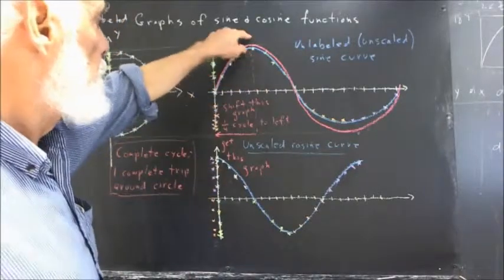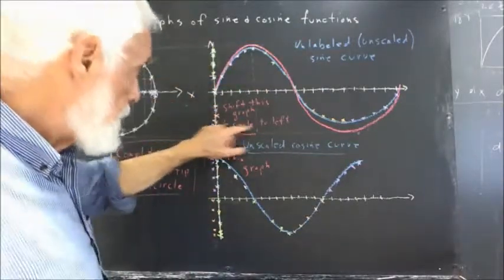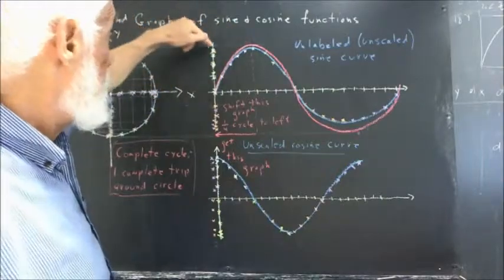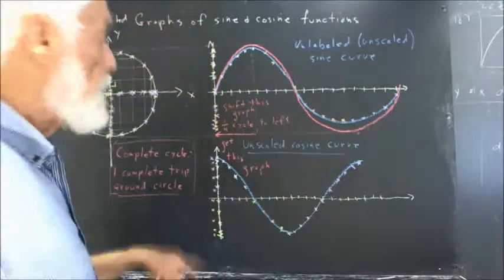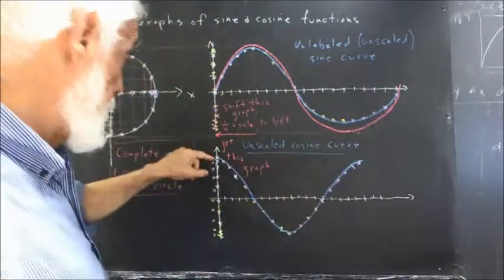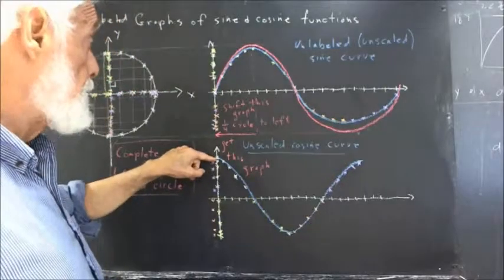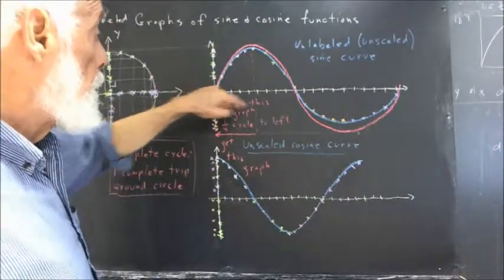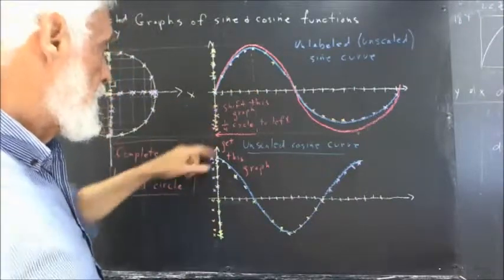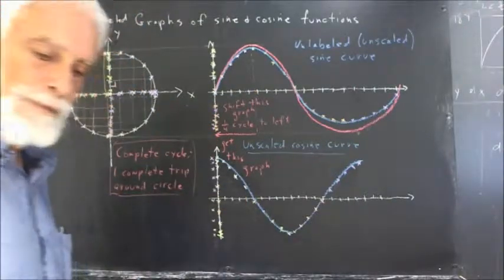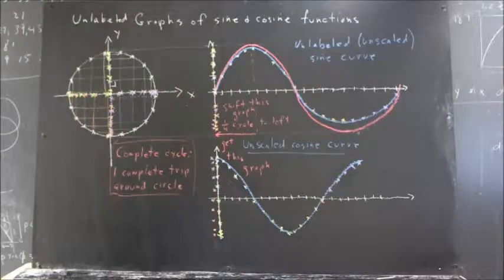If we shift this graph a quarter of a cycle to the left, then the high point of the graph moves over to our vertical axis. Well, that's exactly what we have here. The high point of the graph is on our vertical axis. So shifting this graph a quarter of a cycle to the left gives us this graph. Very important property of sines and cosines.